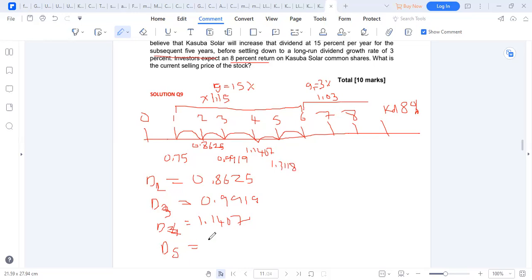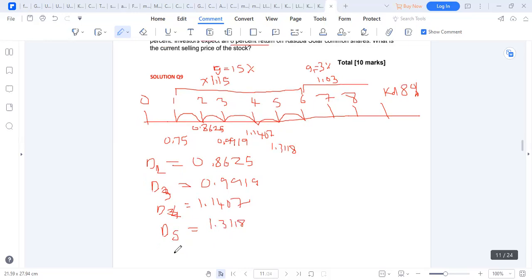That is D4. Then D5, multiply this one by 1.15, we get 1.5086. That is D5, 1.5086.